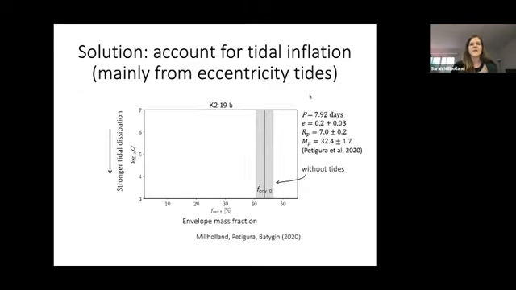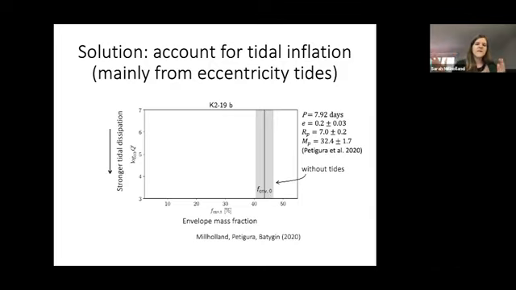So to just illustrate this with one example, we looked at this planet K2-19b, which has a period of about 8 days and an eccentricity measured through radial velocity of about 0.2. And when we use just standard core envelope structural models that ignore tidal heating, we can infer an envelope mass fraction of about 40 to 50%, which is, again, really precariously close to this 50% runaway threshold.